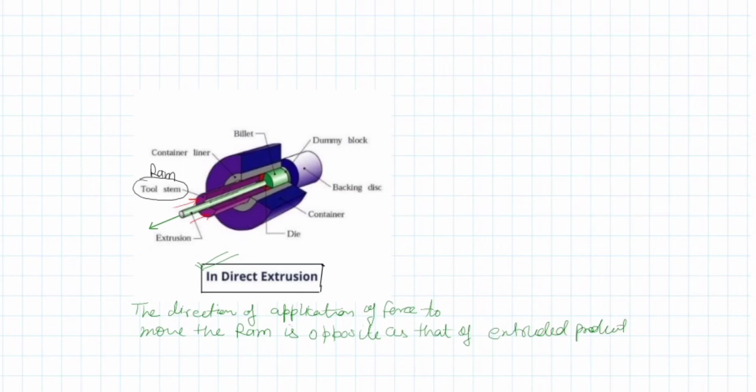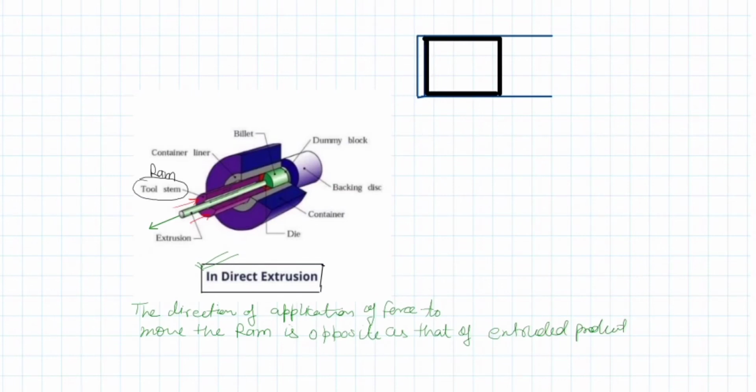If we draw the front projection of the setup, this is the cylinder container, and this side is completely closed, backed with the help of a backing disc. Now the container is loaded with the billet raw material.